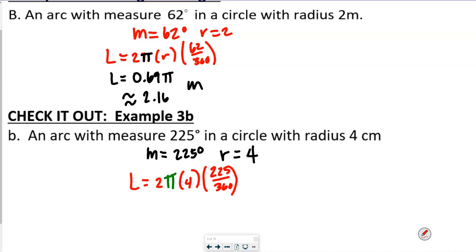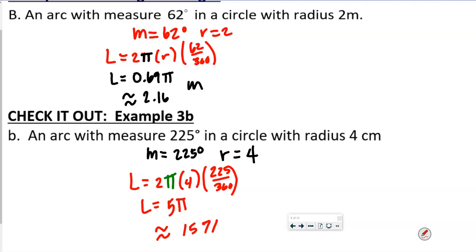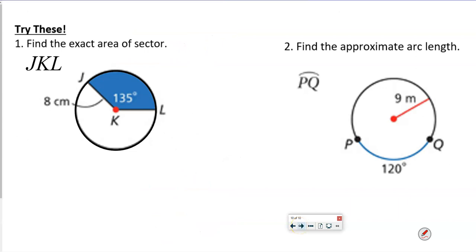Only omit the pi. So the length is equal to 5 pi. And then the approximate length when we multiply 5 by pi is 15.71. And both of these are centimeters, right? Okay, so go ahead and try these and come back to me when you're done.